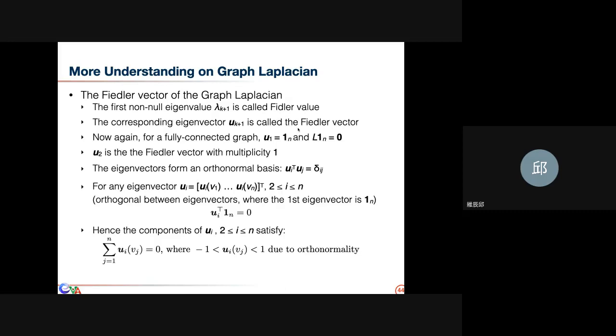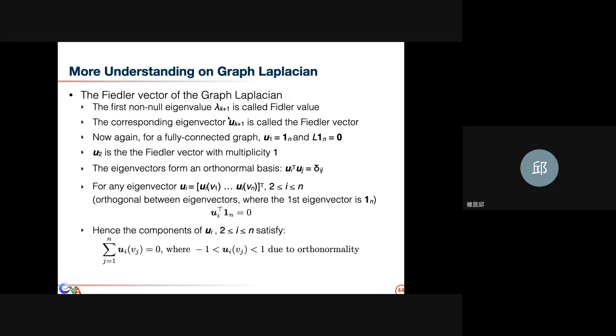So now we know that the eigenvector related to the 0 eigenvalue, U1, is a 1 vector. All the other eigenvectors, from U2 to UN, are orthogonal to the first eigenvector.